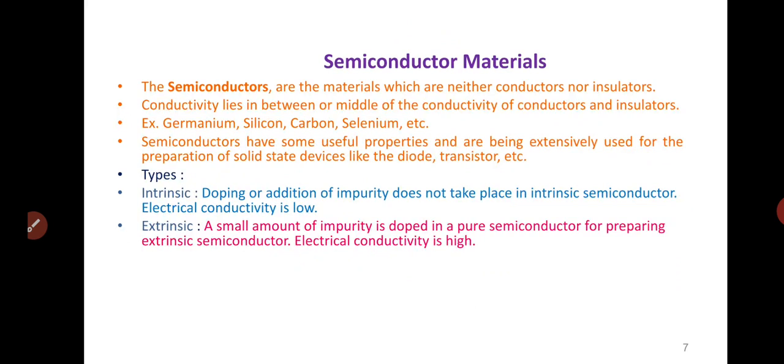In periodic table, the column 4 semiconductors, that is silicon, germanium, are called elemental semiconductors because they are composed of single species of atoms.